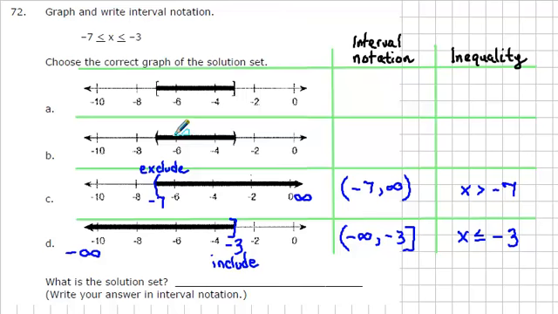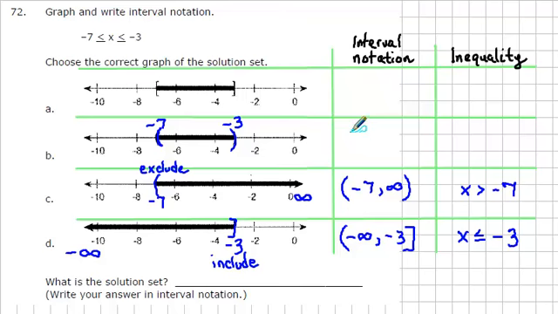What about B? Well, B, the first number that we encounter is -7. The last number that we encounter is the number -3. We have parentheses on either end, so the parentheses indicate that we want to exclude -7 and -3. -7 and -3 are not included.